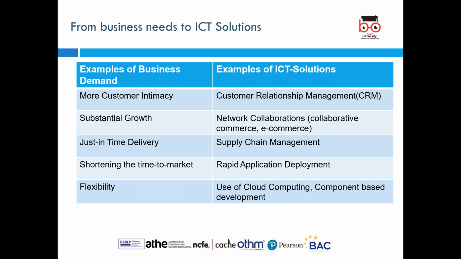Now, from this diagram, we can extract a couple of examples of business demand. From the pyramidal classification, we can see that for business, you have to take into consideration customer intimacy, substantial growth, on-time delivery, shortening the time to market, and also flexibility.